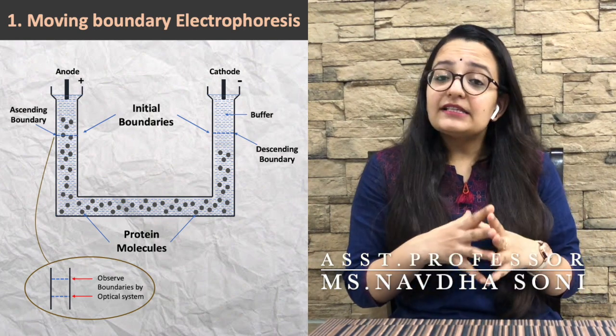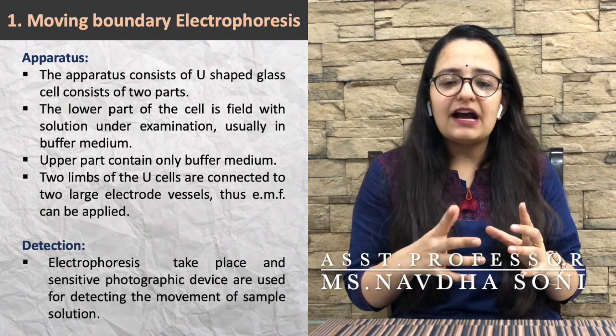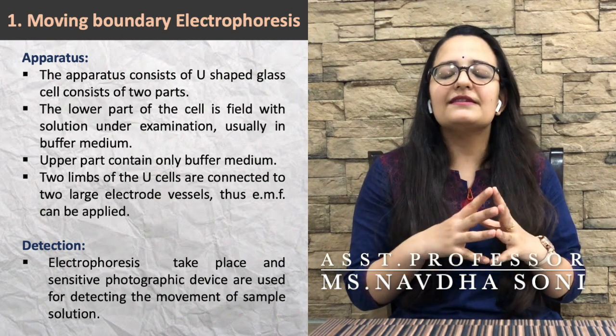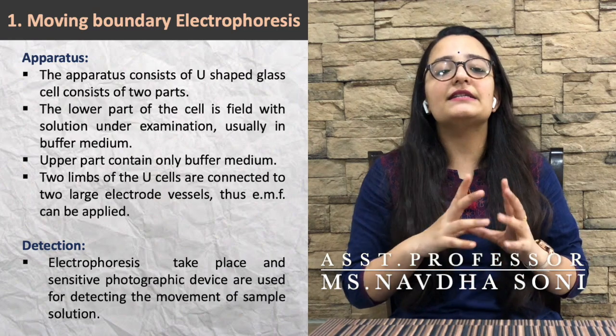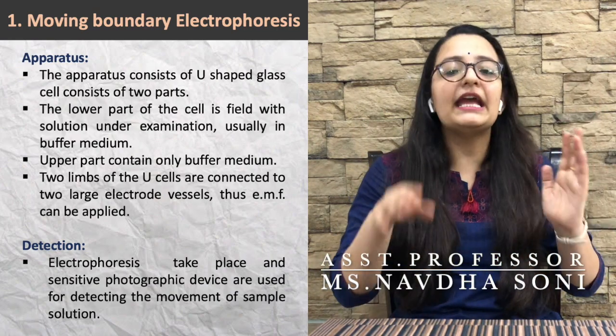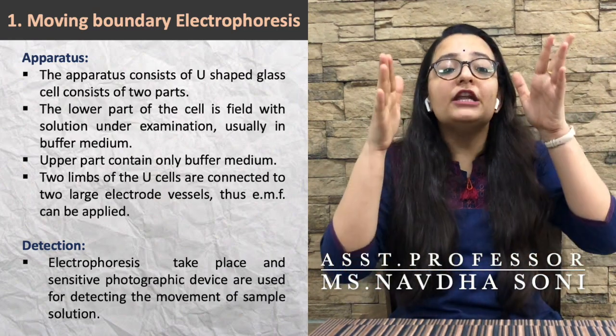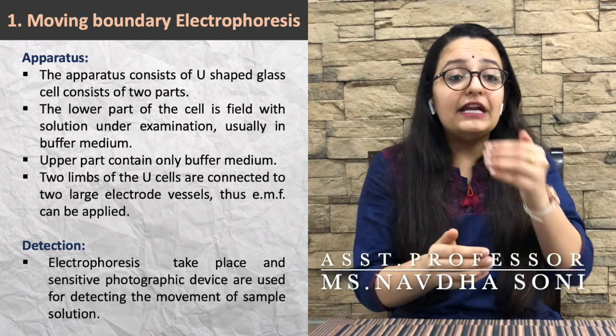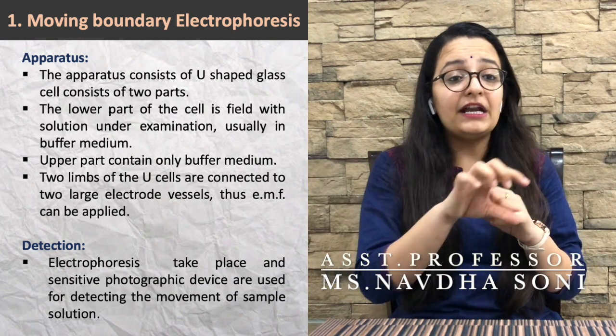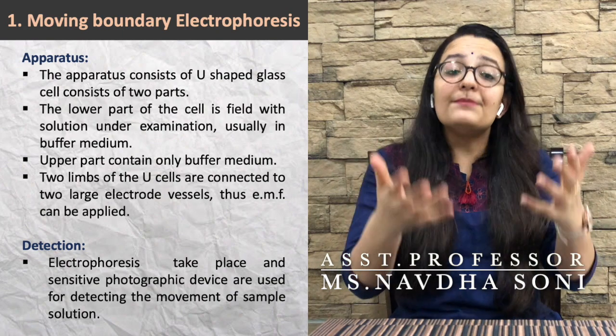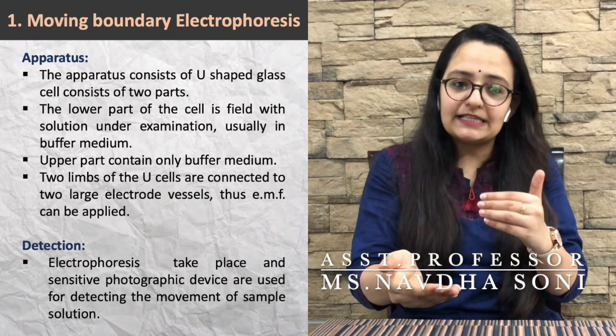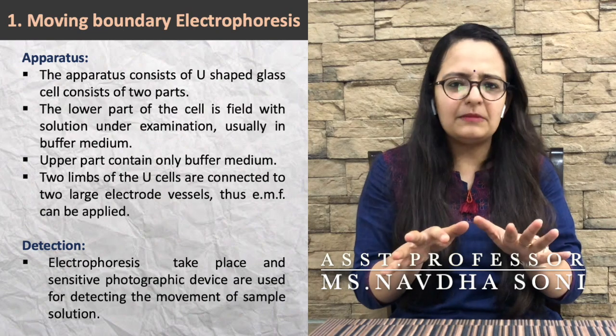The apparatus consists of a U-shaped glass cell with 2 parts, ascending and descending. The lower part of the cell is filled with the sample solution under examination, usually in a buffer medium.